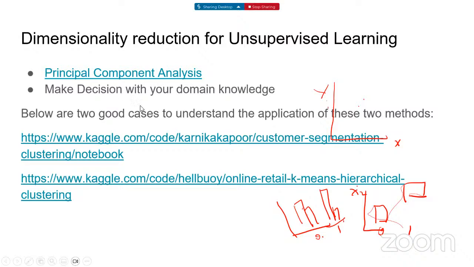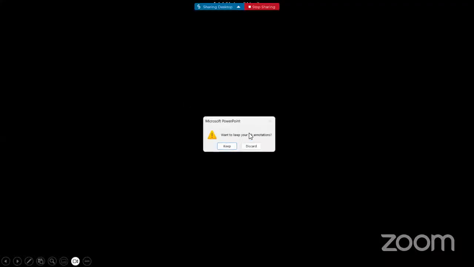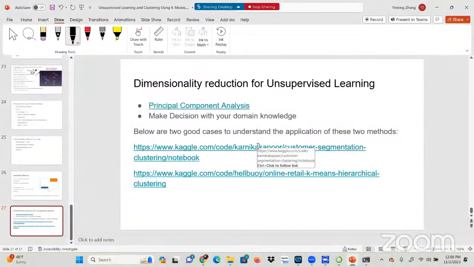Let me give an example of this clustering. How do we use our domain knowledge to reduce the dimensionality? For example, maybe we have a group of cars and we want to make them into clusters.